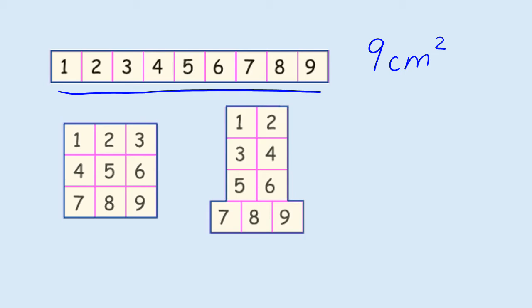Whereas this one here also has an area of 9 square centimeters. Very different looking shapes, but they have the same area. They take up the same amount of space. This one here also has an area of 9 square centimeters. So shapes can look very different and still take up the same amount of space.